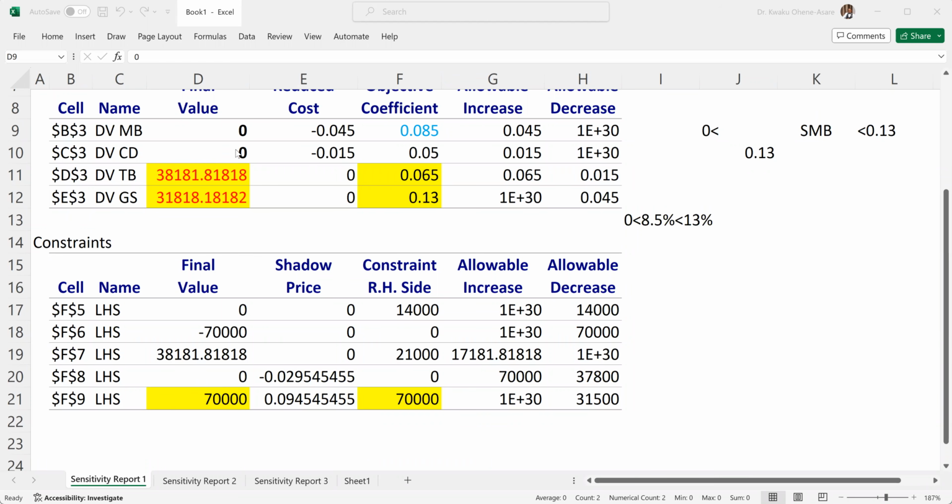So whenever I say write it down, don't wait for me to finish. I said if AMA had a choice of investing in MB or CD, which one do you advise she should go for? And the answer is that she can't go for any of them.